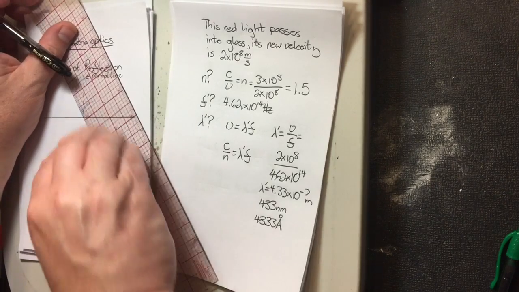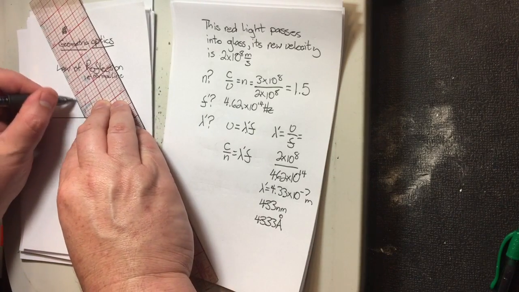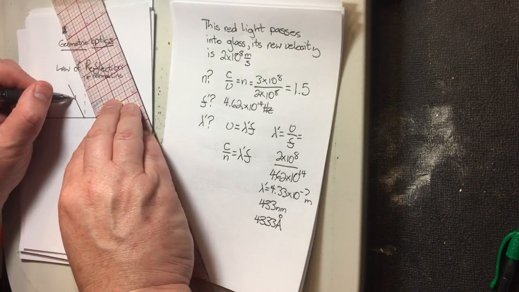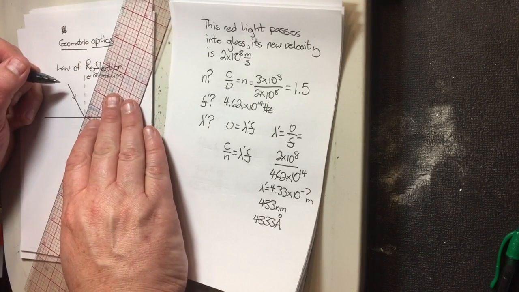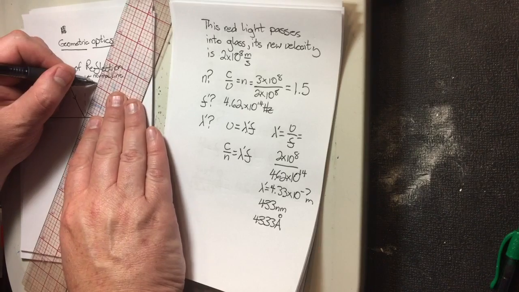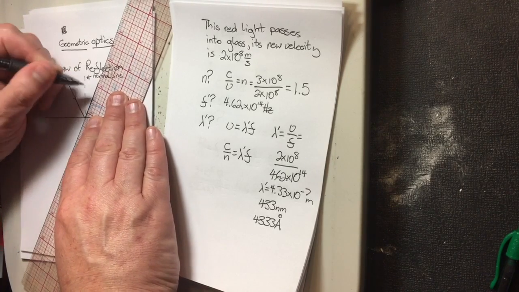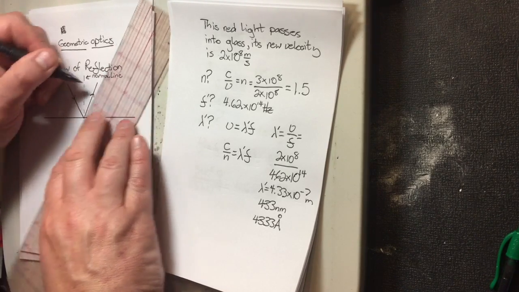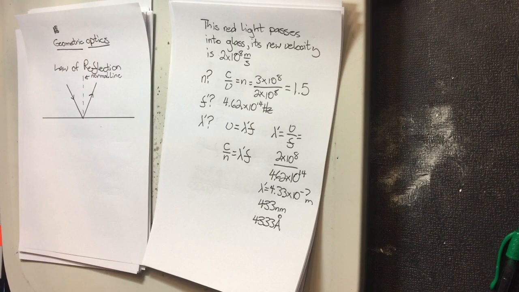Now, if I brought my handy dandy compass or protractor, on the test, for test 3 and the final, you will be allowed to bring a compass or a protractor and a ruler.